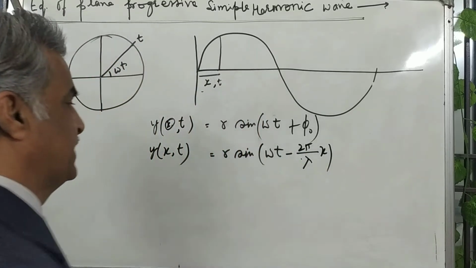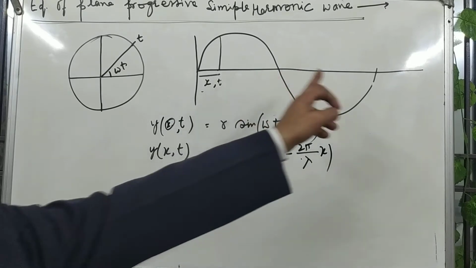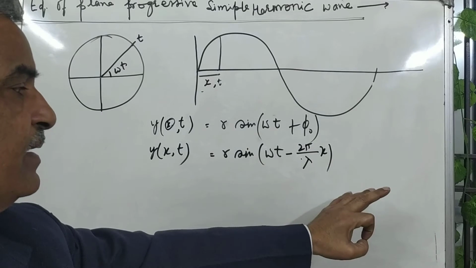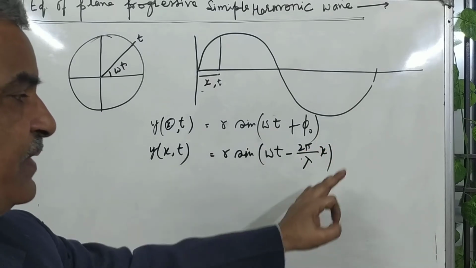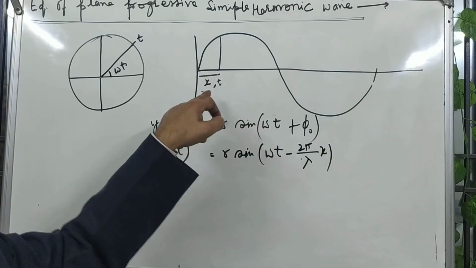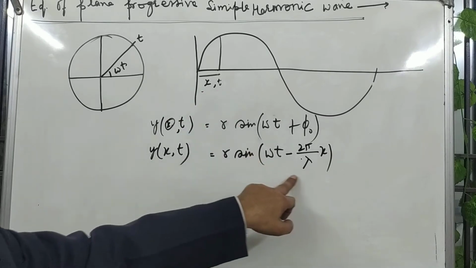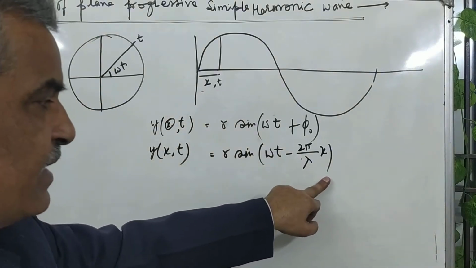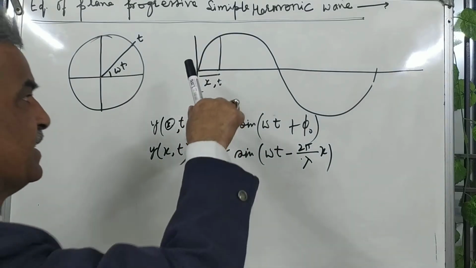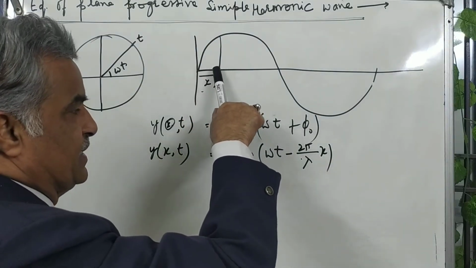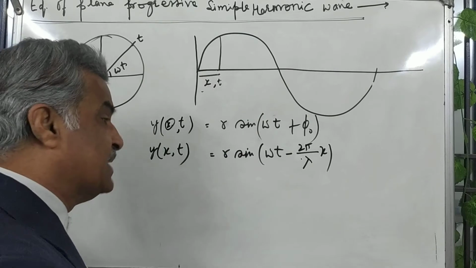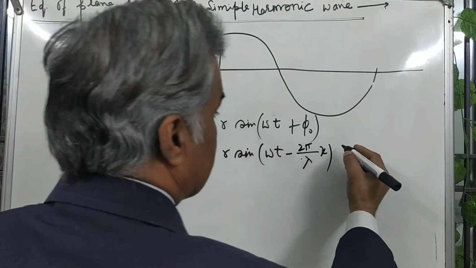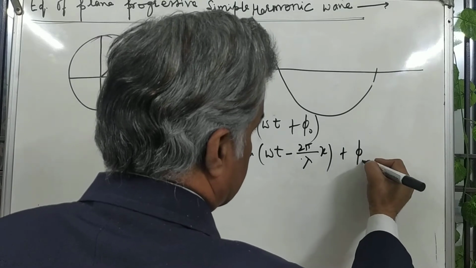If path difference is lambda, phase difference is 2 pi, then what will be the phase difference if the path difference is x? Applying the unitary method, you calculate the phase difference between this point and this point. This point will lag by that phase, plus phi naught.